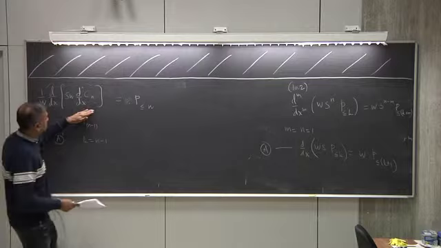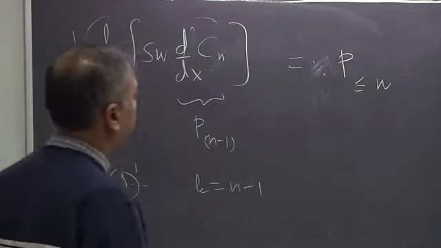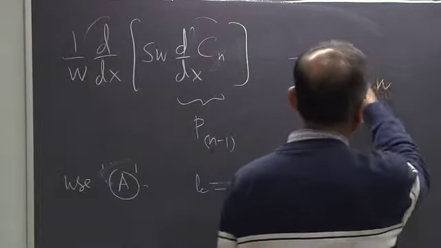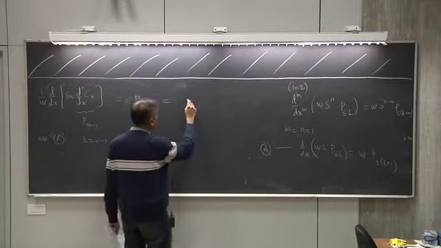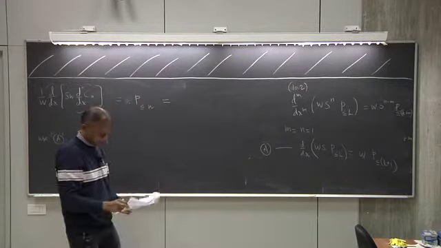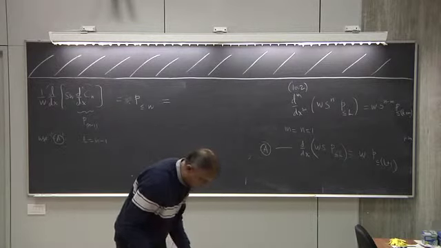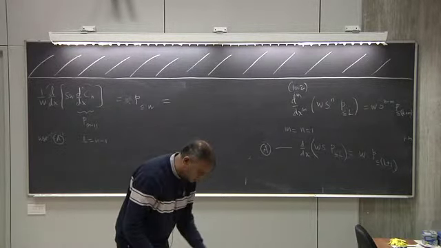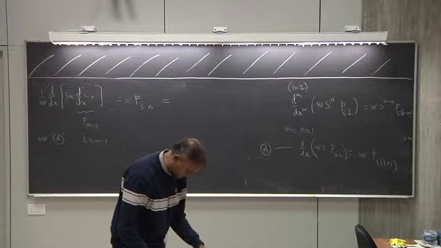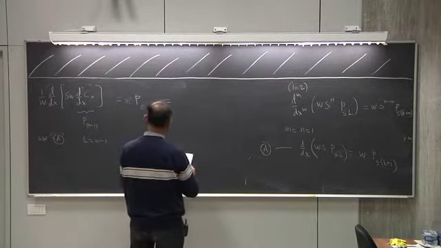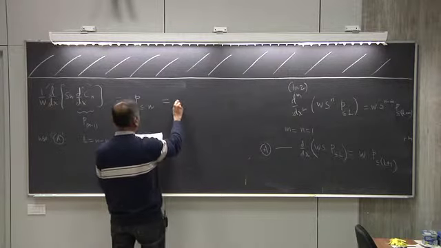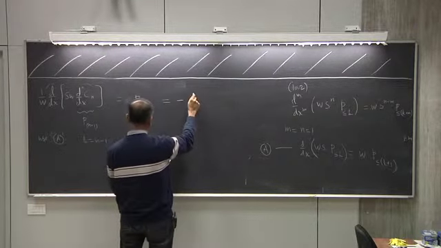So what we are seeing is that this is a polynomial of degree less than or equal to n. Therefore, I can always expand this polynomial with some coefficients. Let's use the same notation. For some reason they have put a minus sign here, but that's just a convention.